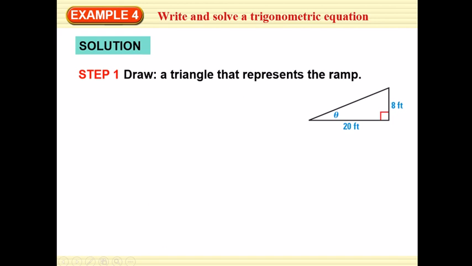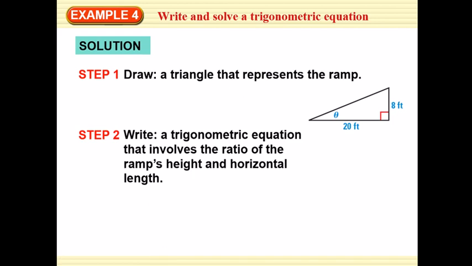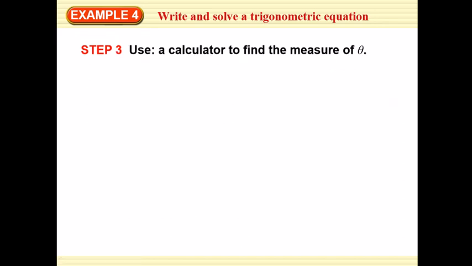Draw a triangle that represents the ramp. There it is. Write a trig equation that involves the ratio. If I were labeling this, I need the side opposite and the side adjacent, so we should be looking at tangent here. Tangent equals opposite over adjacent. And then use a calculator to find the measure of theta.